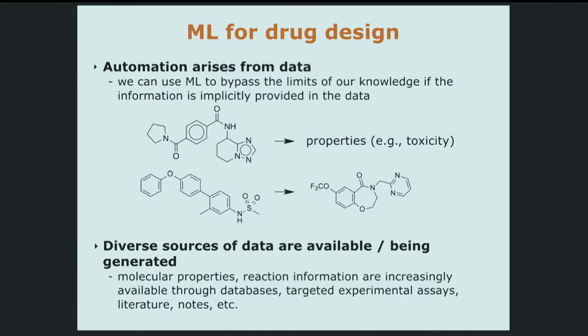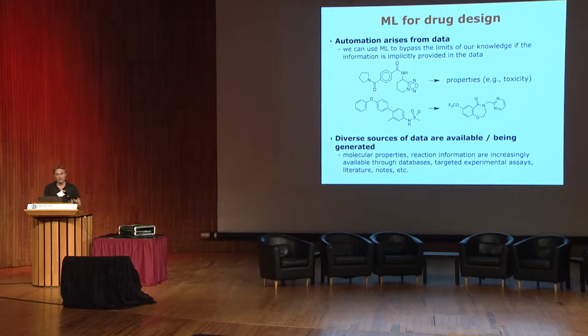In order for a machine learning method to try to uncover the underlying physical relationship between the molecule and the associated properties, we need to have the data rich enough so that it exercises this mapping.